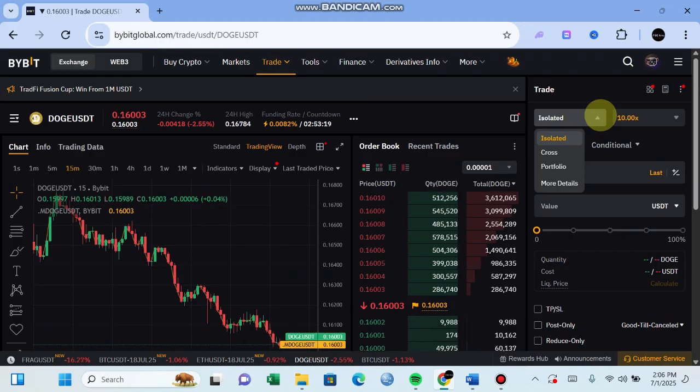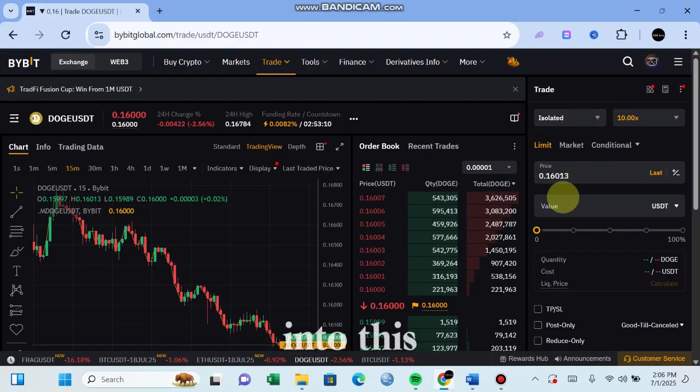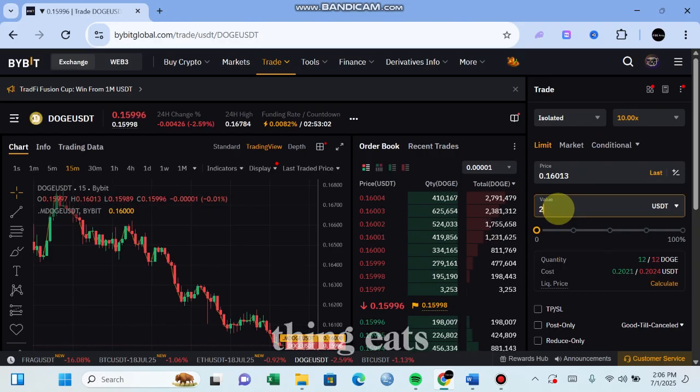If, for example, in that USDT, I want to trade with just 2 USDT and I don't want the others to support it, I'll put it on isolated. And if I go into this particular trade with 2 USDT and it hits my stop loss, I'm going to lose just 2 USDT. Or if it hits my liquidation price, I'm going to lose just 2 USDT.